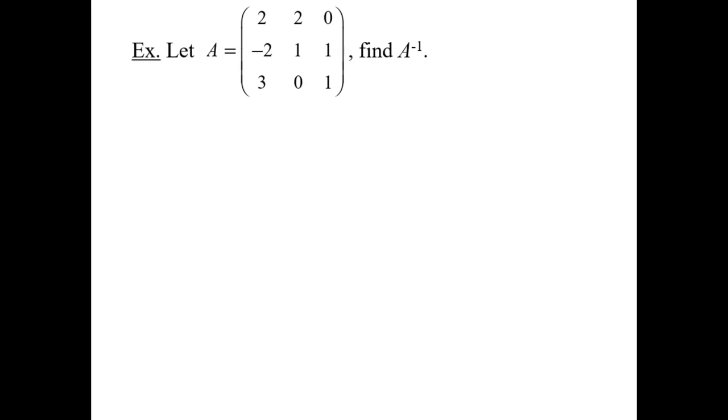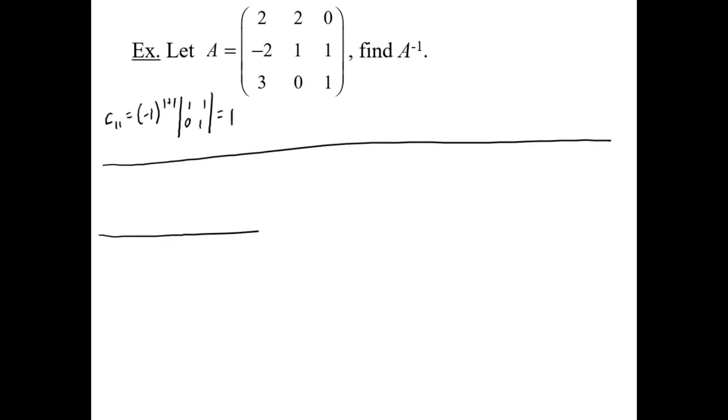So let's find a bunch of the C's here. C11 is going to be -1 to the 1 plus 1 power times the smaller matrix where we remove row 1 and column 1. And I'm going to get 1 as that value. I'm going to create a grid here to organize my work.